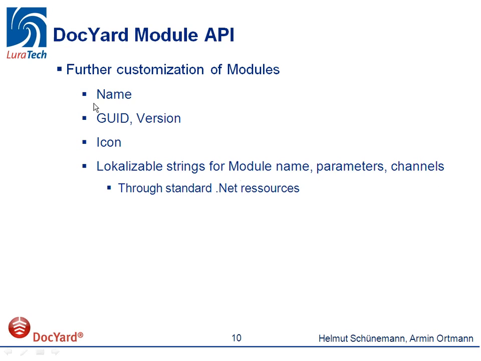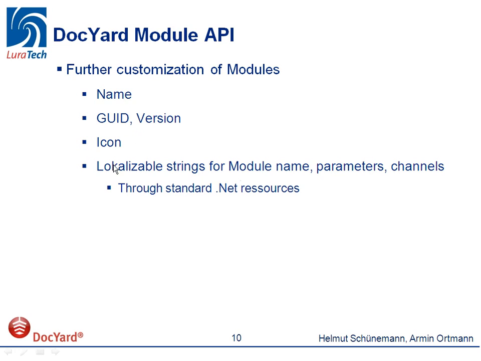Okay, a few further details. Some of that were mentioned already. Of course, you can provide a module with a clear text name. You can provide it with a unique identifier. You can version the modules, and the system will automatically check for version conflicts. You can, of course, create your own nice icon. You are not stuck with a default icon that DocYard provides.